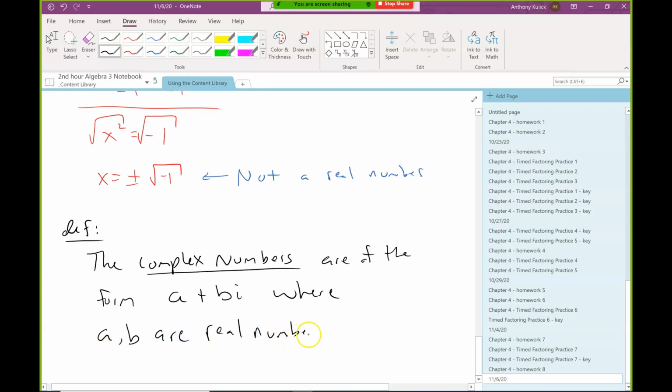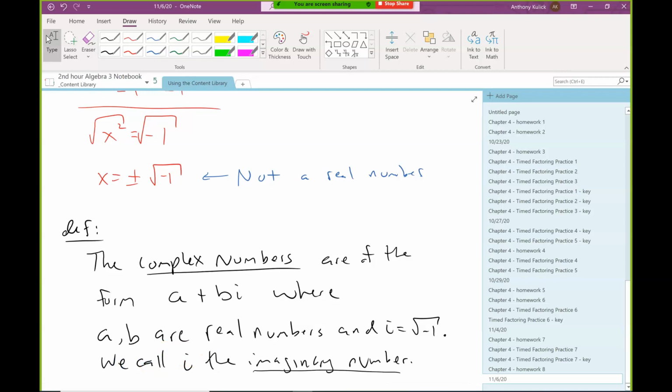So we're defining this new set of numbers called the complex numbers. The complex numbers are of the form a plus bi, where a and b are just real numbers, and i is equal to the square root of -1, and we call i the imaginary number.